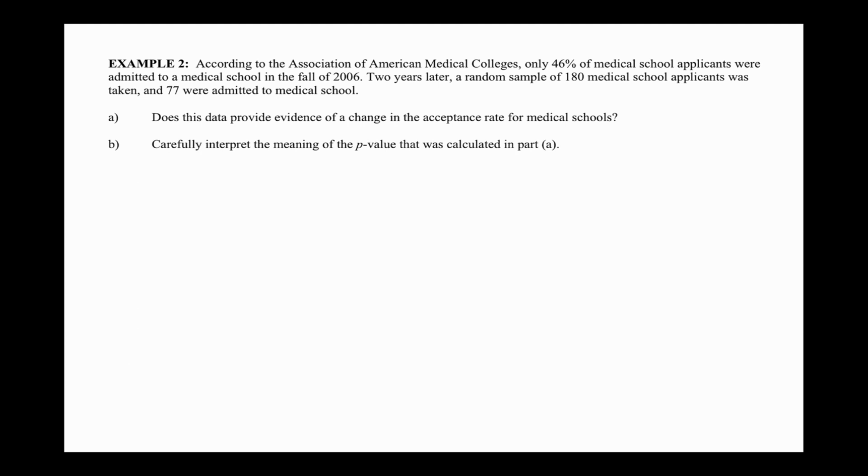So what do we know? What was the sample size here? 180. Since it's a sample of 180, we're going to have a p-hat, a sample proportion, right? What was the sample proportion in this case? 77 over 180, right?